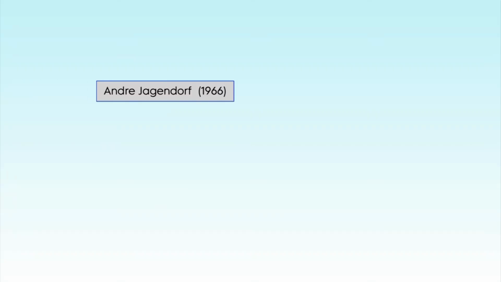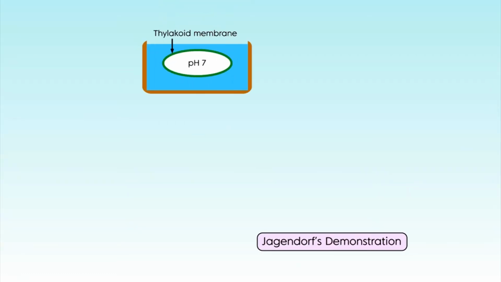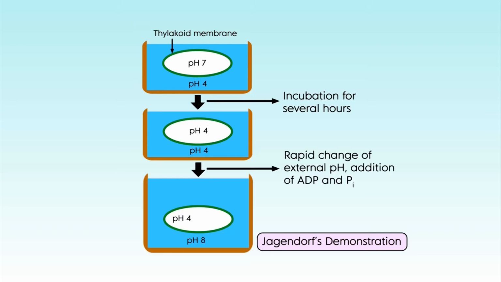Then in 1966, Andre Jagendorf showed that chloroplasts synthesize ATP in the dark when an artificial pH gradient is imposed across the thylakoid membrane. To create this transient pH gradient, he soaked chloroplasts in a pH 4 buffer for several hours and then rapidly mixed them with a pH 8 buffer containing ADP and inorganic phosphate.